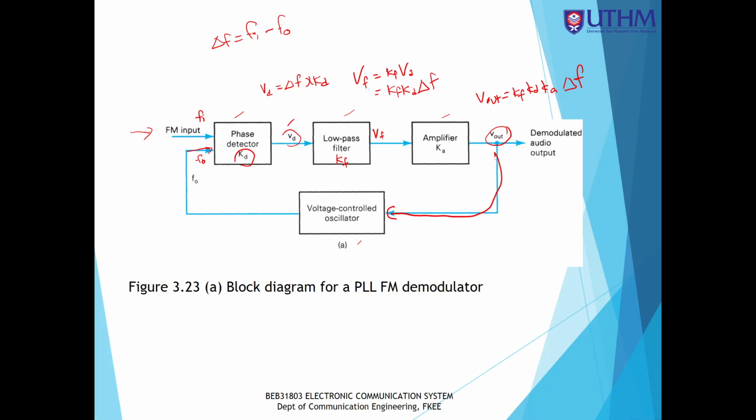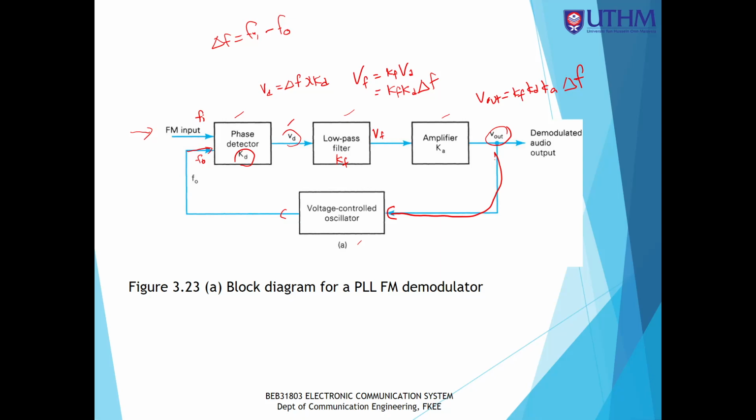This voltage control oscillator will compare the input and produce the output. The Fo produced by the voltage control oscillator measures the difference in terms of voltage.